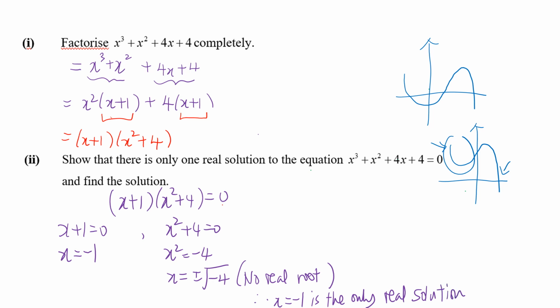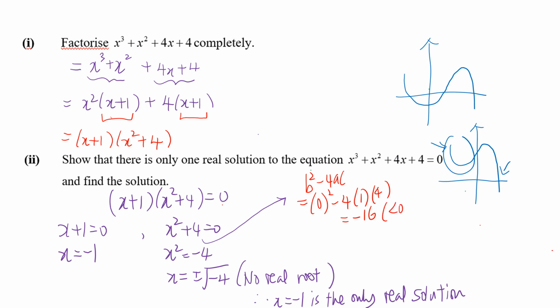Another way is that you just show that this factor has no real roots. And remember which chapter has this no real roots, equal roots, all the roots thing? Yes, the chapter on discriminant, right? So you can actually go ahead and find the discriminant, and you say that you get negative 16.